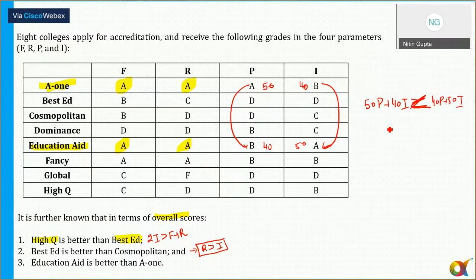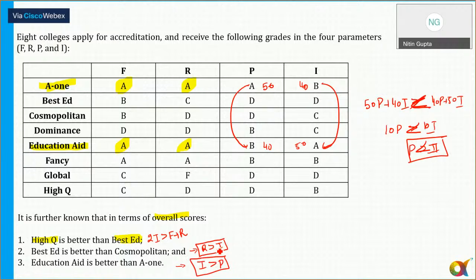So from here I get P is greater than or equal to I, it means P is greater than I. Okay, I think I have written wrong. Education aid is 40P plus 50I. So that is the less than sign. So I is better than P. So the third point is that I is greater than P.